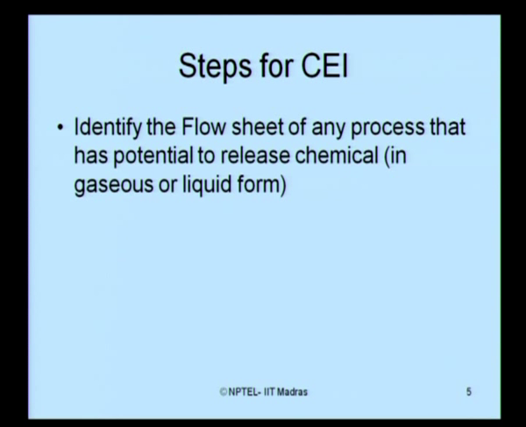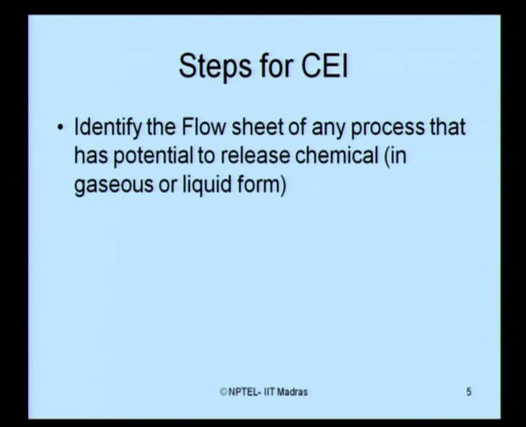Once you define the different levels of exposure of maximum airborne concentration resulting from a chemical release, let us try to understand the steps involved in what I call the chemical exposure index study. In the chemical exposure index study, first identify the flow sheet of the process for which you are doing the CEI investigation.